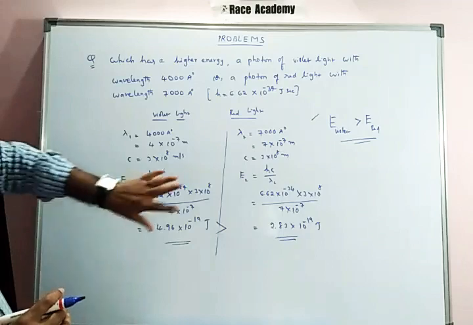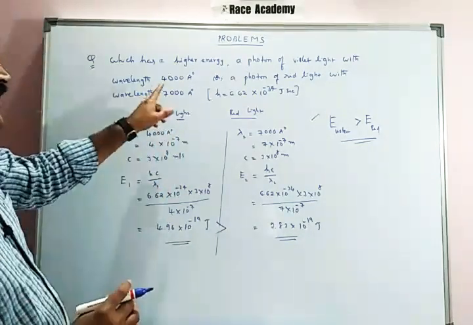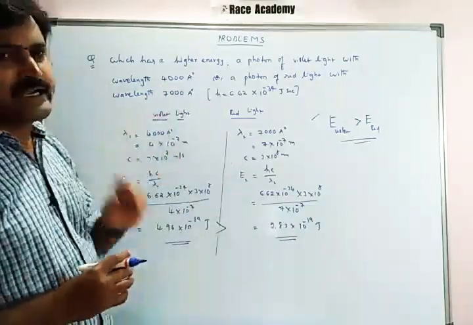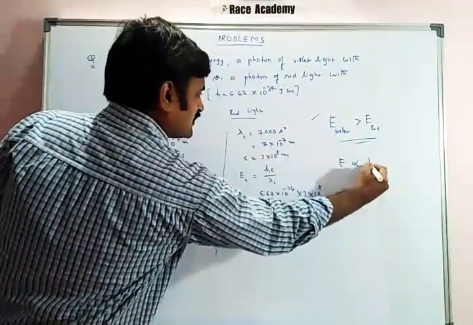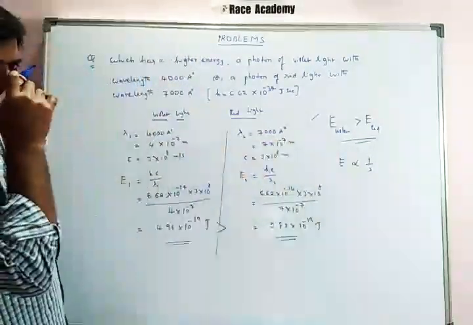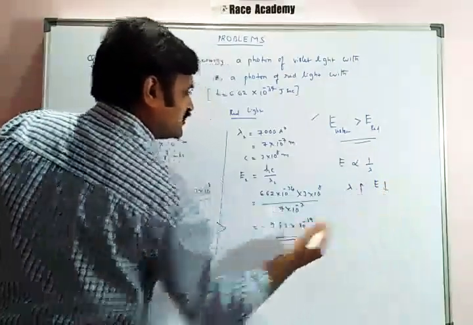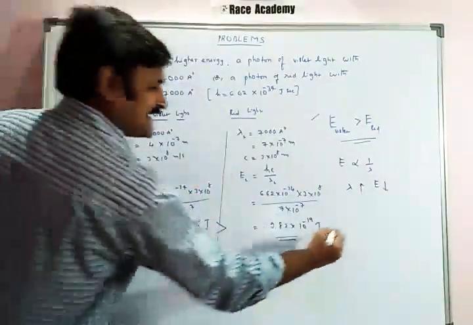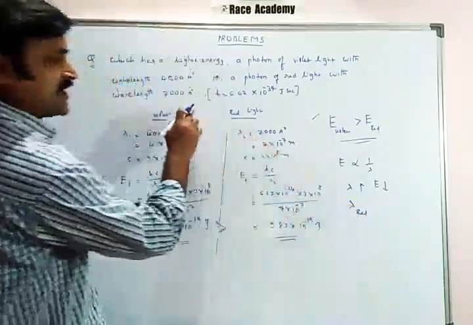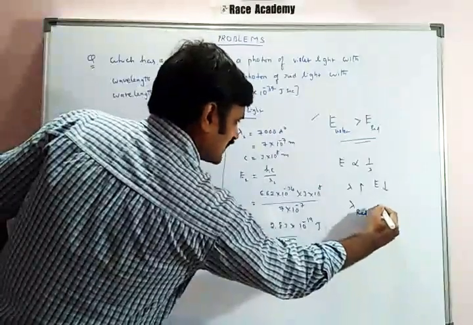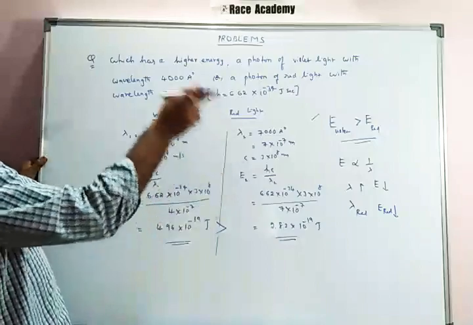Without doing the problem, we can also do it in a shortcut manner. What is that? One is energy and wavelength, how they are related. Energy and wavelength are inversely proportional. Whenever the lambda value is high, the energy value is low. The lambda value of red light is higher, which means the energy of red light is lower than the energy of the other one.